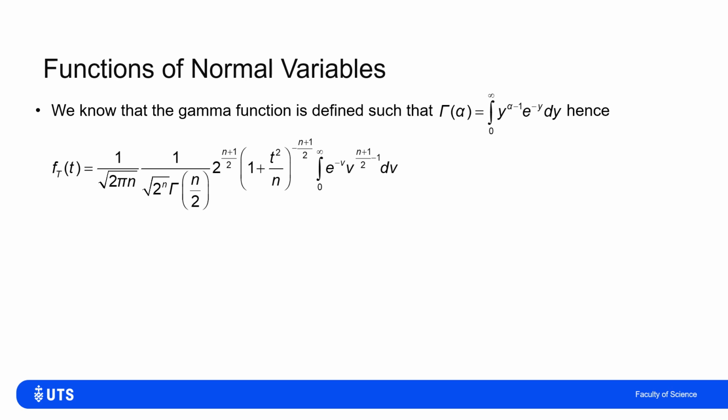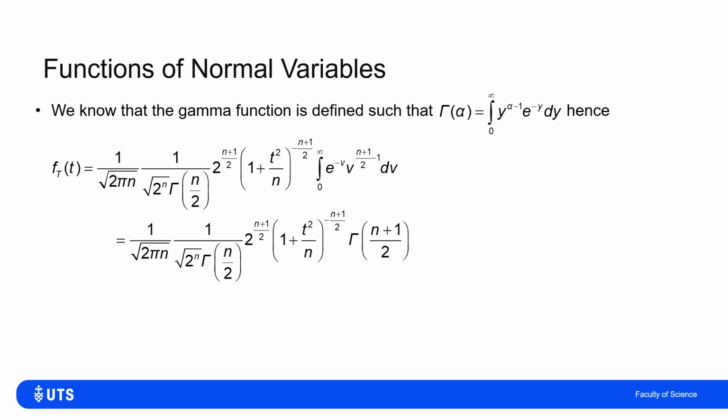So with this recognition that in fact what I've got there is the gamma function evaluated when alpha minus 1 equals n plus 1 over 2 minus 1, then it'll evaluate to a gamma function.